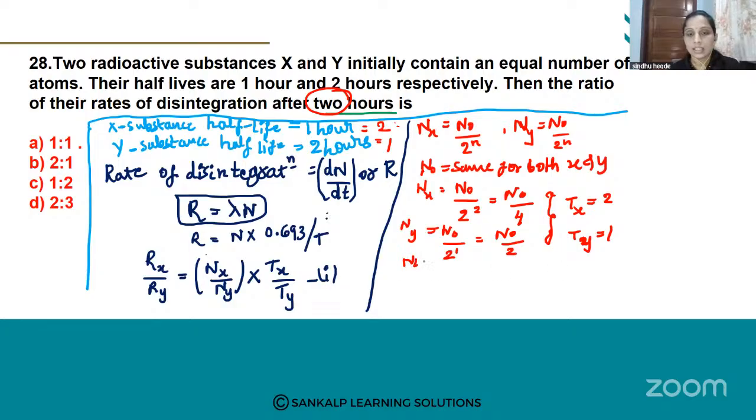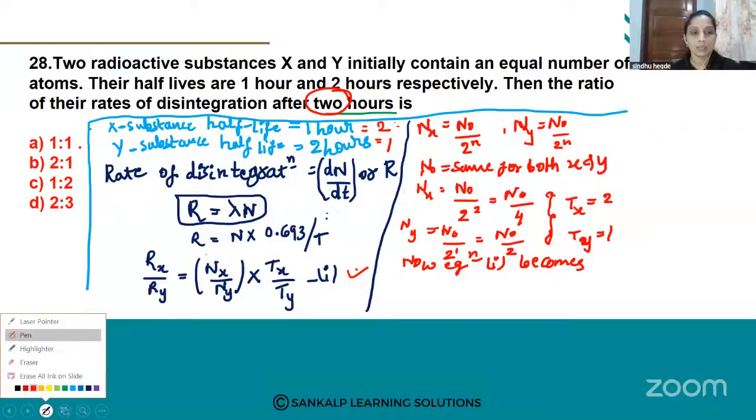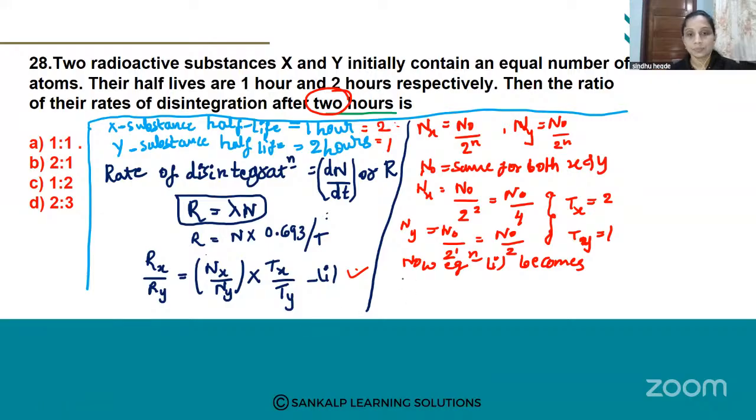If you substitute all the values, you will get the ratio of rate of disintegration for x and y. So substitute here and calculate. I have told you all the values, you have to substitute, calculate and tell the answer.